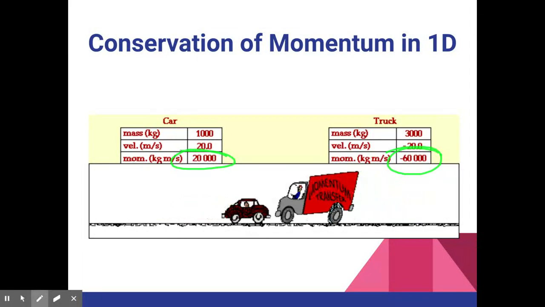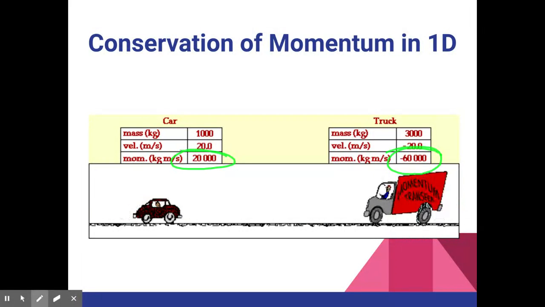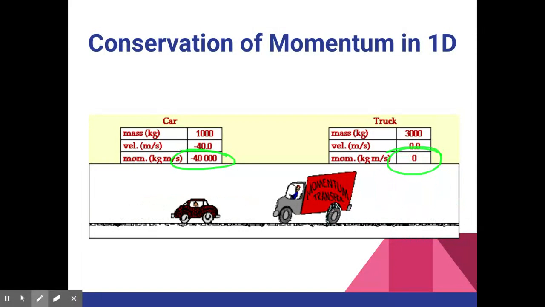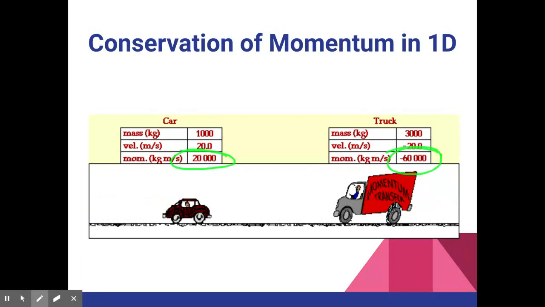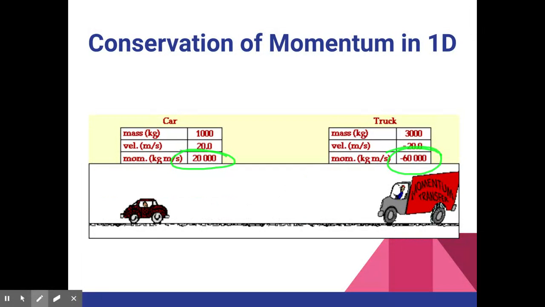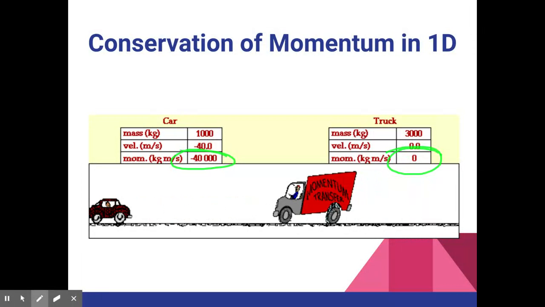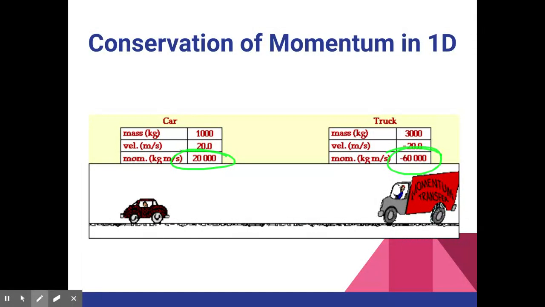Now, what we can see here is that after the collision, this is a great example of where momentum has been conserved, where the truck transfers its energy, and thus the momentum changes from the truck and is then exerted onto the car.